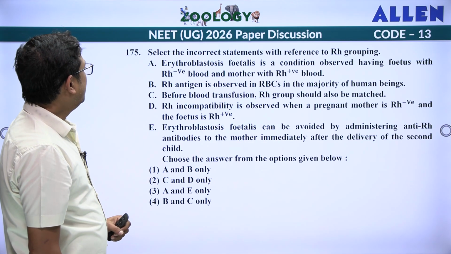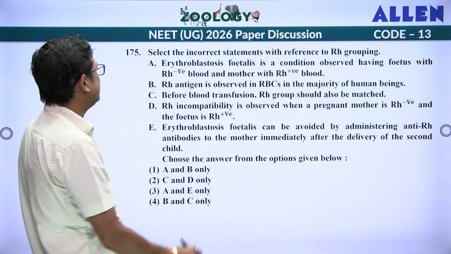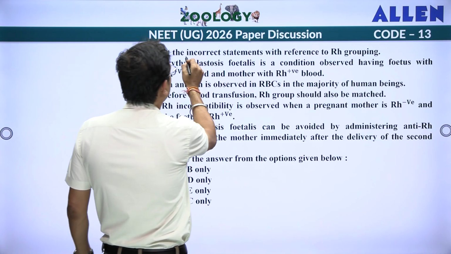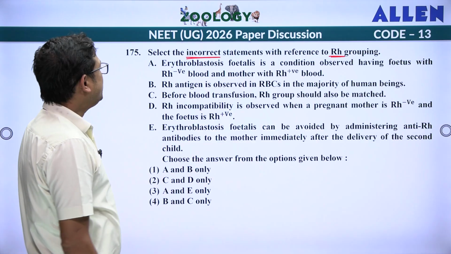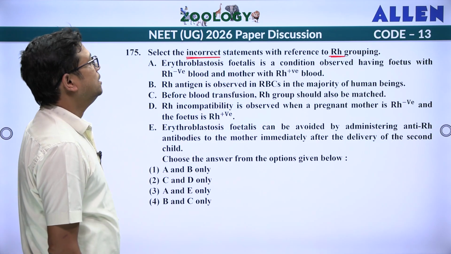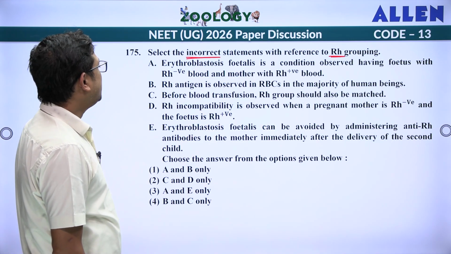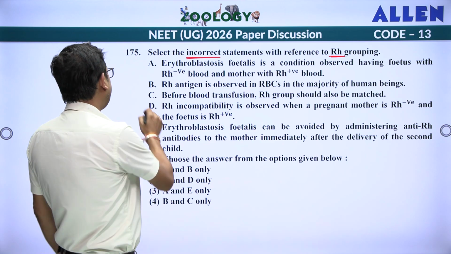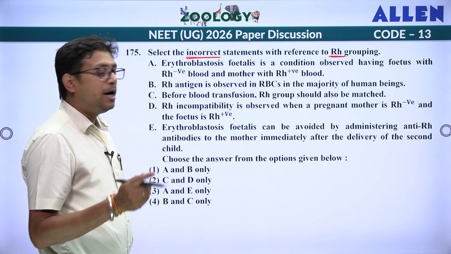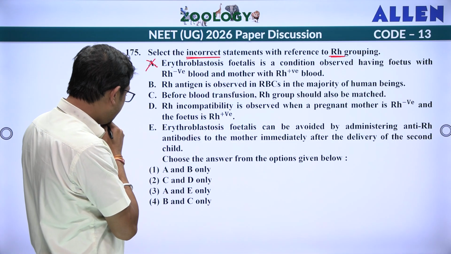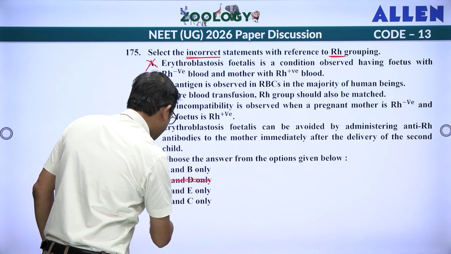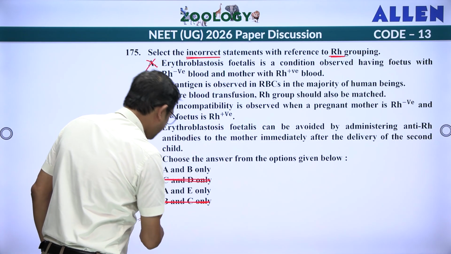Next, select the incorrect statement with reference to RH grouping. Erythroblastosis fetalis is a condition observed having a fetus with RH negative. No, here the fetus should be RH positive and the mother RH negative. So A is wrong. Select the incorrect. So how many options have A? I have to eliminate the second one and the fourth one also.